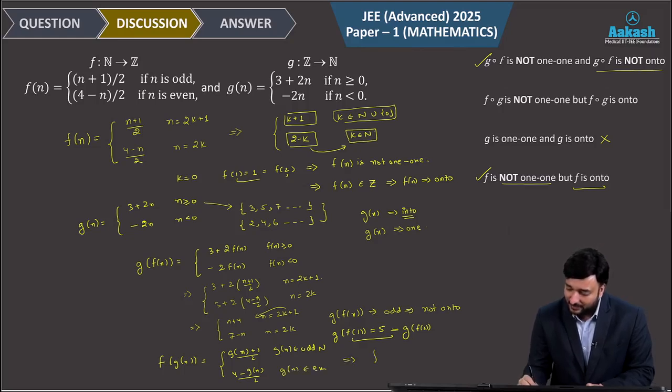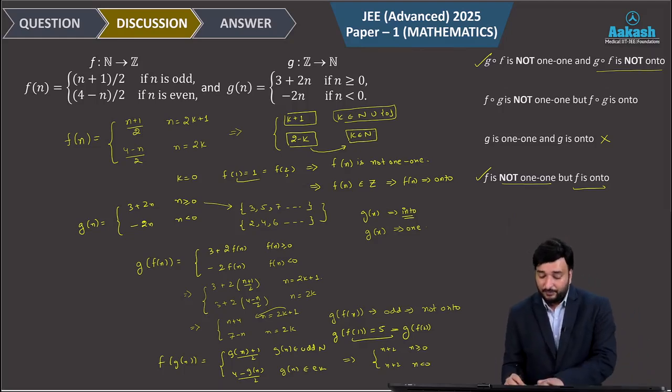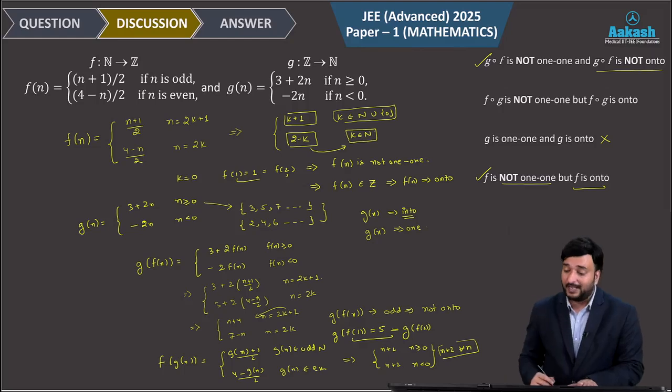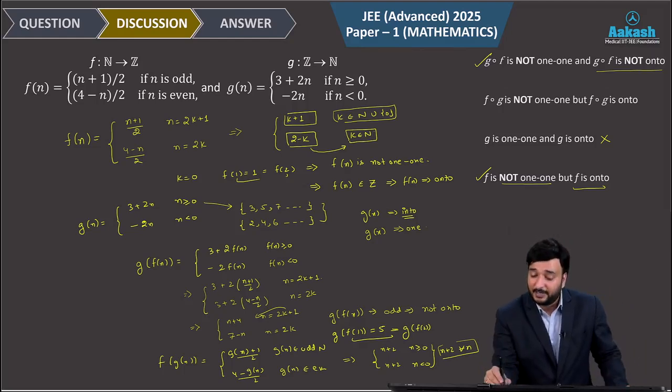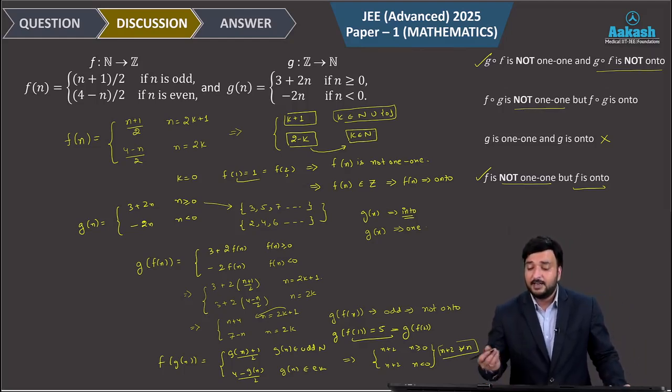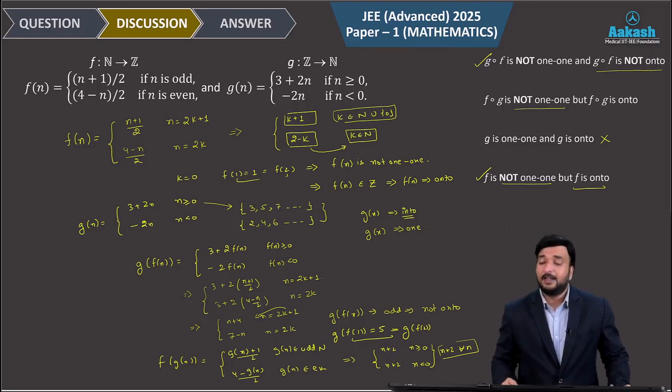So in both cases we can see that this is n plus 2, and this is again n plus 2, for n greater than or equal to 0 and for n less than 0. So this function we are going to get as n plus 2 for all n. So this simply implies that f of g of x will be a 1-1 function, but here they mentioned it is not a 1-1 function. So this makes option B the incorrect one.